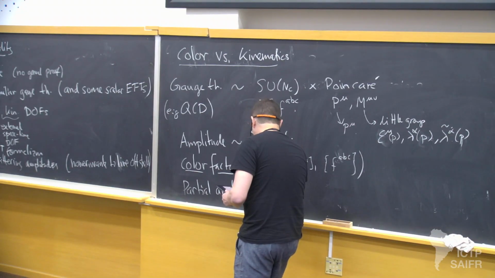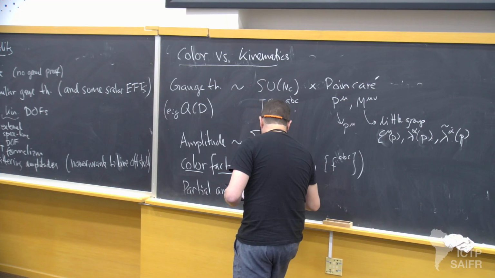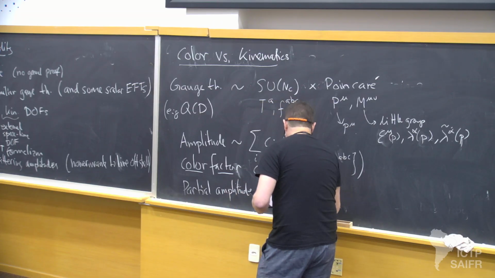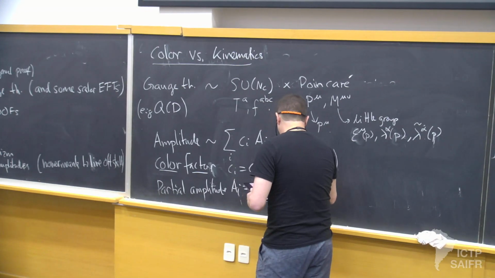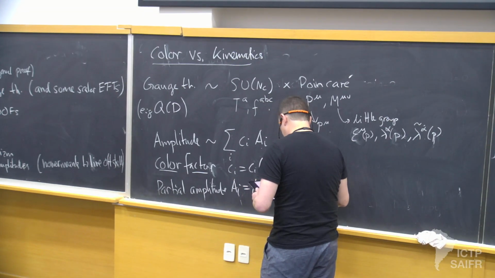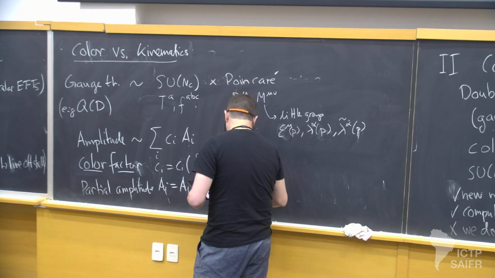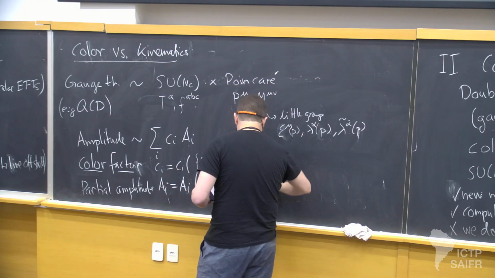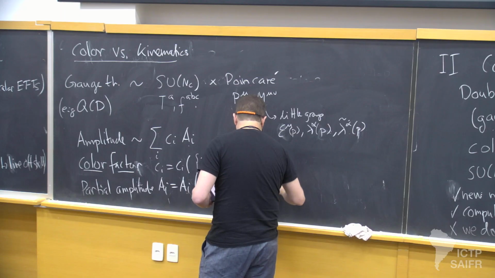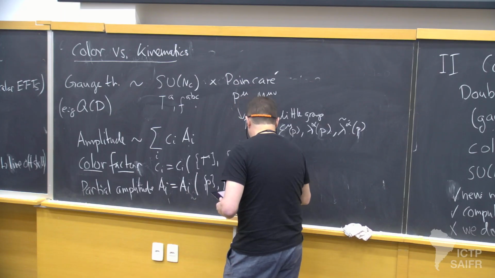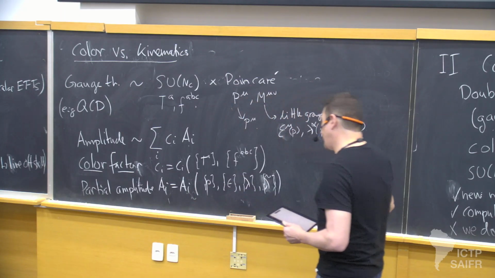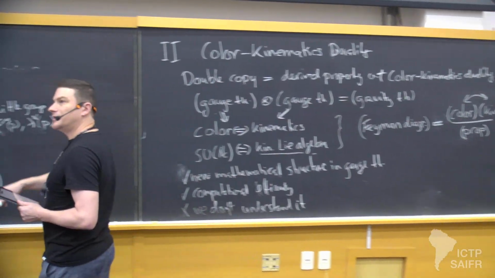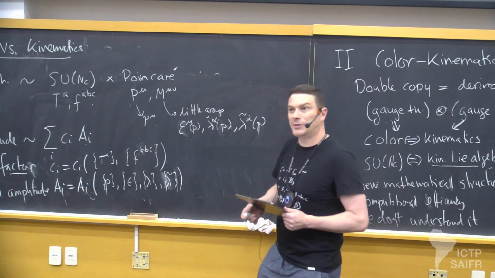So A_i is a function of your momenta, your polarization, and lambda, lambda twiddle. You can also work with helicities, as David did. Here, I'm just thinking about doing it in general dimensions, so I don't want to commit to certain helicities.